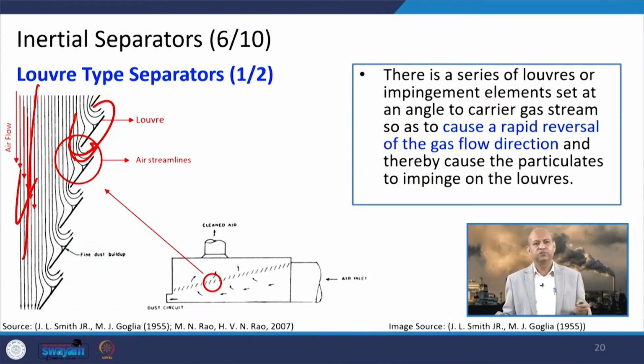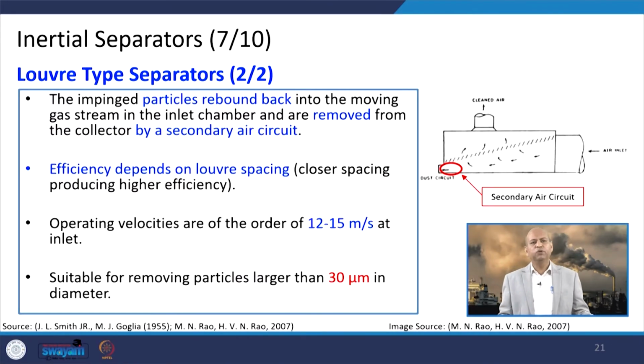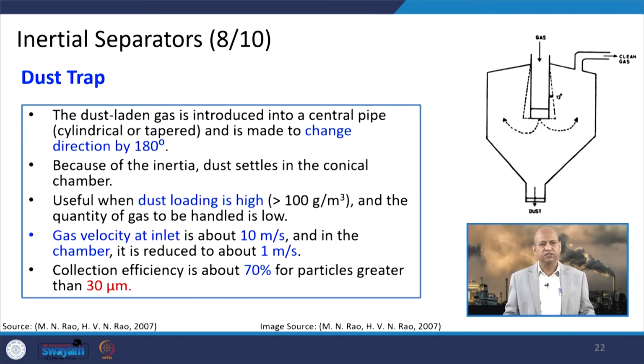These louvre type separators can operate at a velocity of 12 to 15 meter per second at the inlet. So, you can have more efficiency, and its efficiency depends upon closer spacing of these louvres, and it is suitable for removing particles larger than 30 micrometer. So, again it is better than the settling chambers, but baffle walls are better than these.